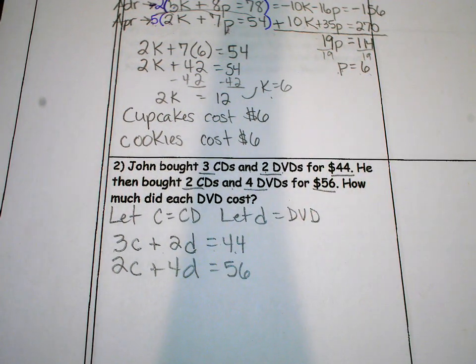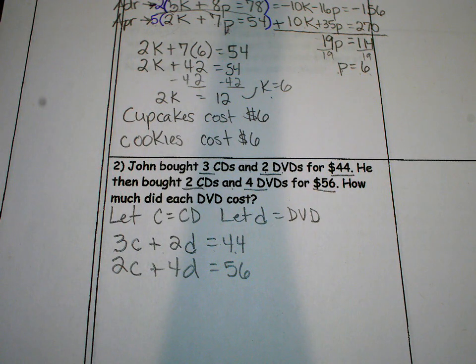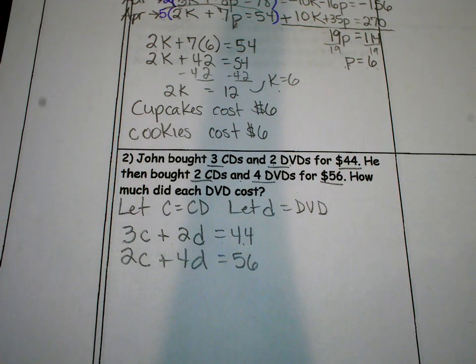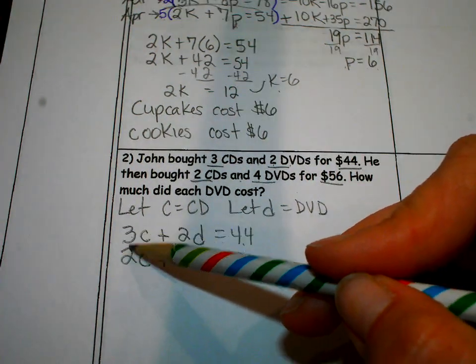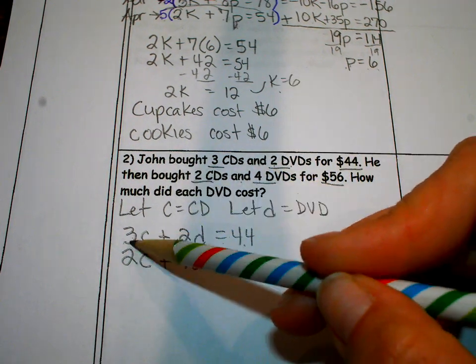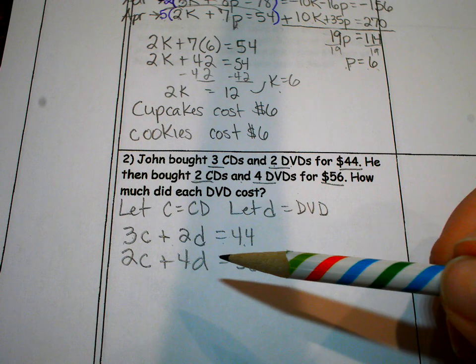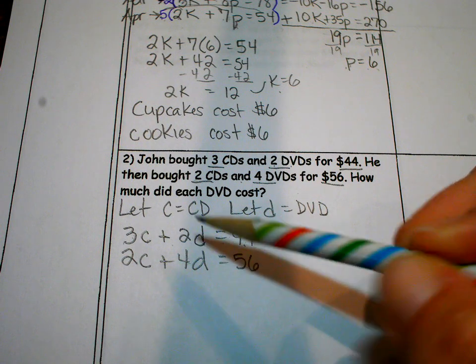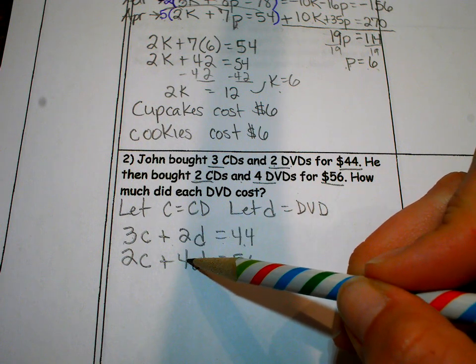All right, pardon me. Now, because I have to cancel out a variable, remember, elimination method. Should I make both of these a 6 or should I make both of these a 4? Well, one of these is already a 4. So let's make both of these a 4.